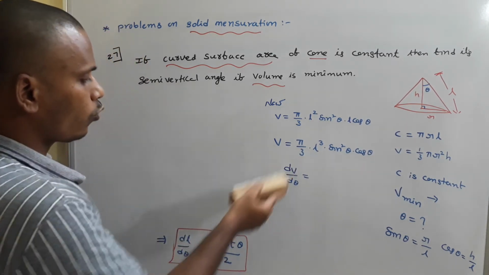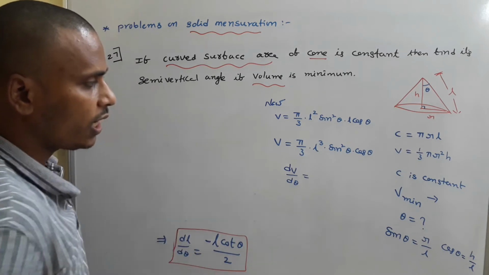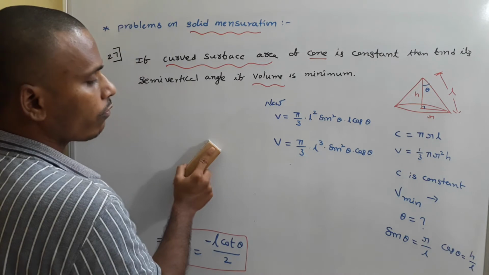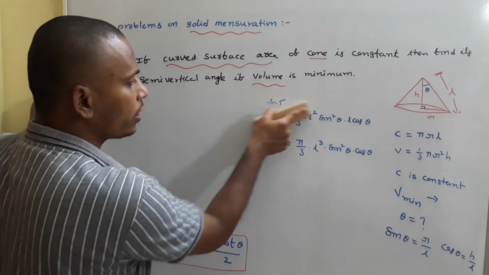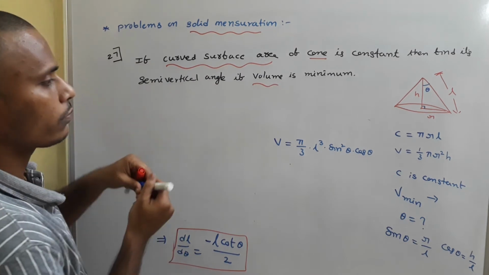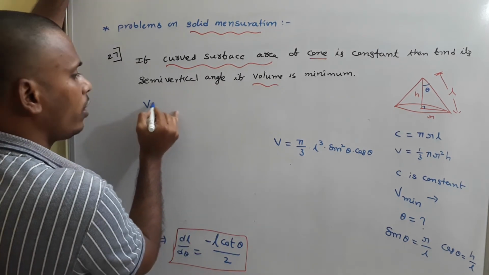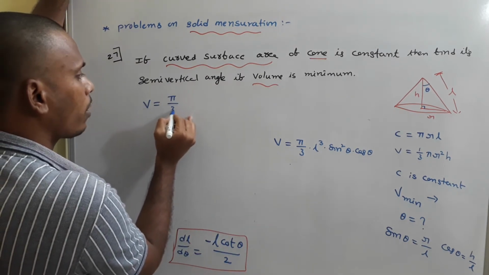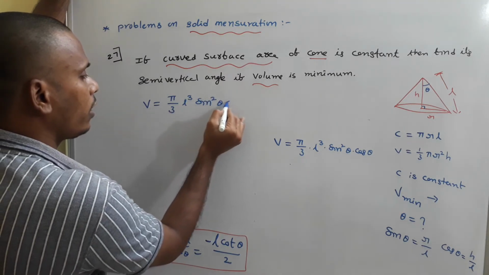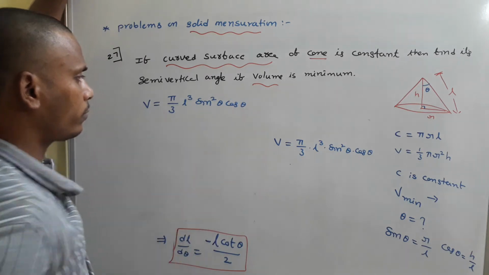Okay, this is volume and our intention is to find what? dV by d theta. Volume is what? V is equals to pi by 3 L cube sin square theta into cos theta.